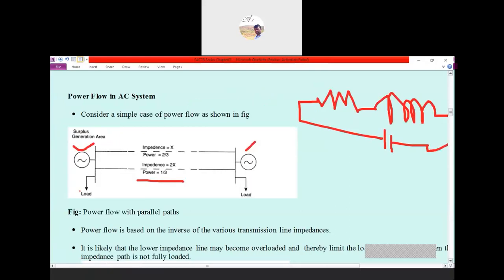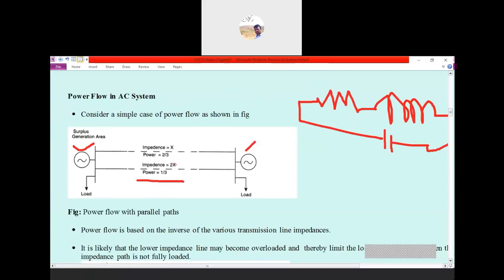What happens whenever a resistor and inductor are in an AC network or DC network?